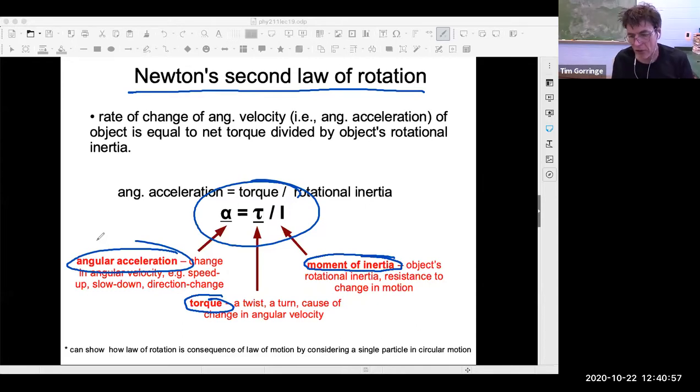And actually, I'm not going to show this, but it's not really hard to show that this Newton law of rotational motion actually is a consequence of Newton's second law of translational motion. You can show that. It's not some new law, really. It's just a different version of the old law, a version applied to rotations rather than to translations.